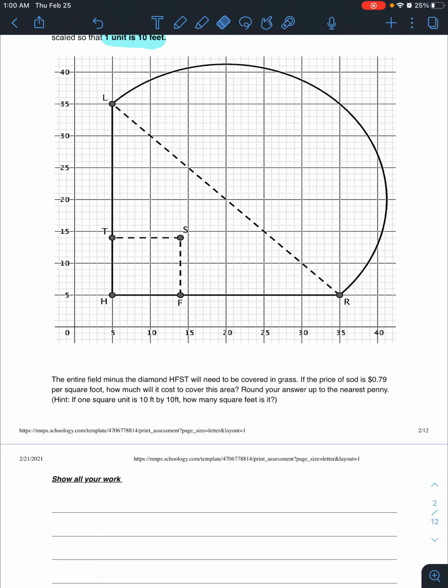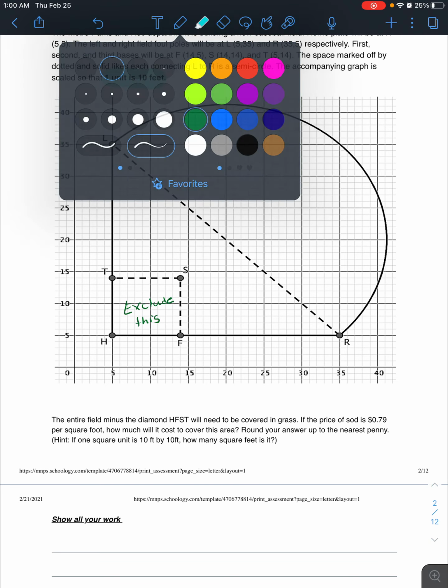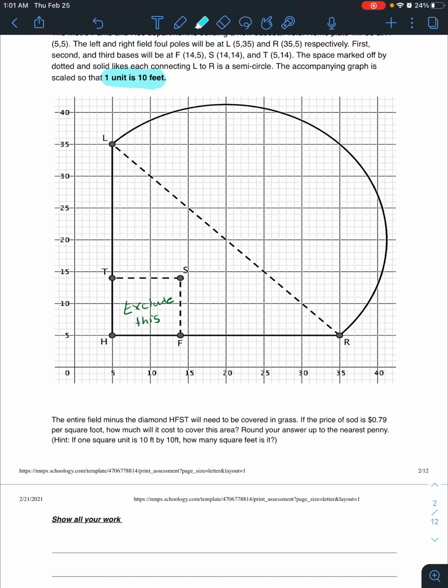So we'll talk more about that. So the first thing that you've got to do is make sure that when you're finding the area, you're going to exclude this square. My hint to you, or my advice when approaching this question, is I would find the area of this triangle.